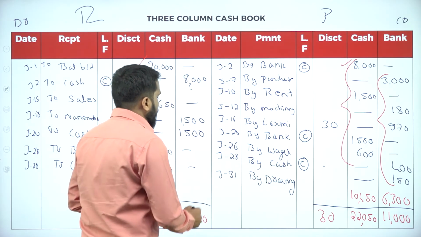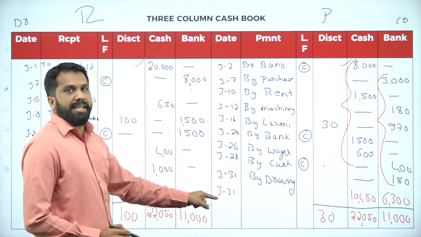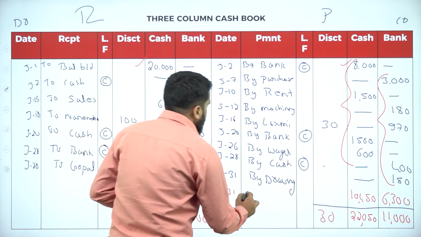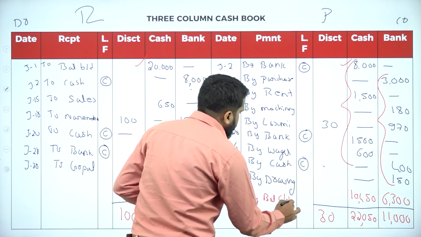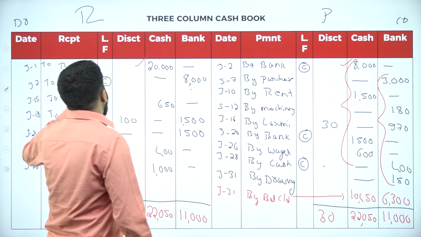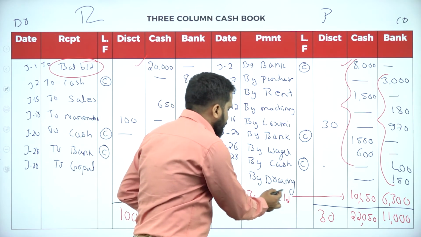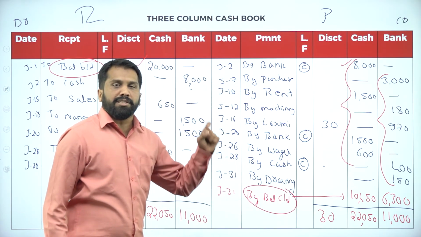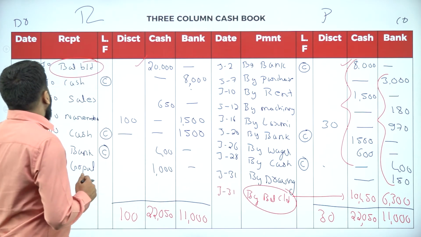So what should you write? The date must be the last day you have taken. The same thing you have to copy in this. By balance carry down. This is your balance brought down and this is your balance carry down. This is your opening balance. This is your closing balance. One more I'll tell you.